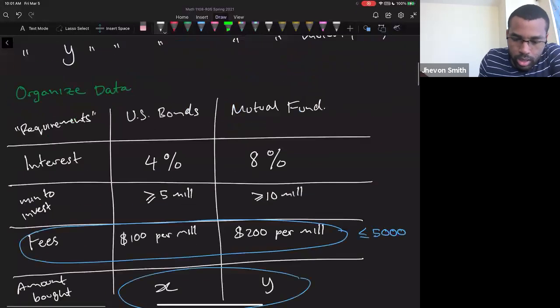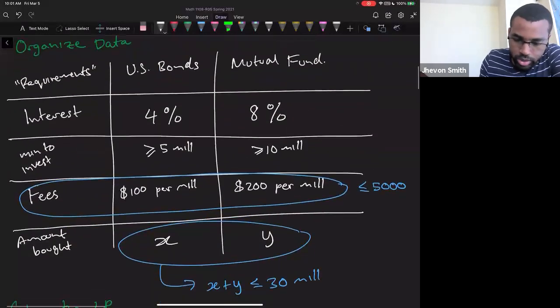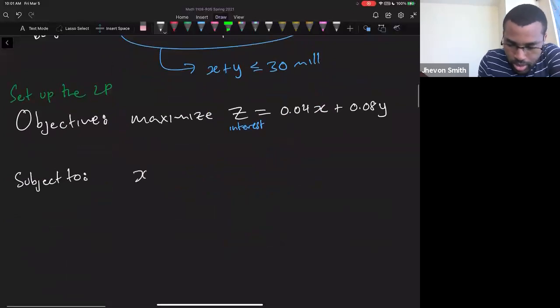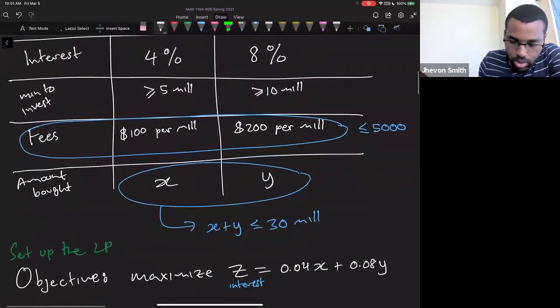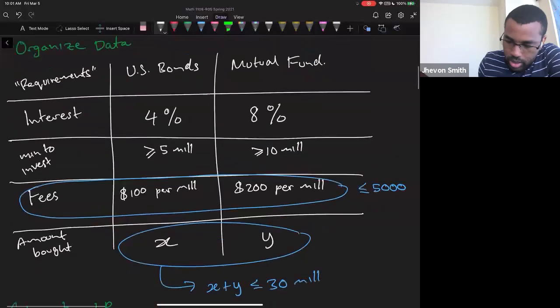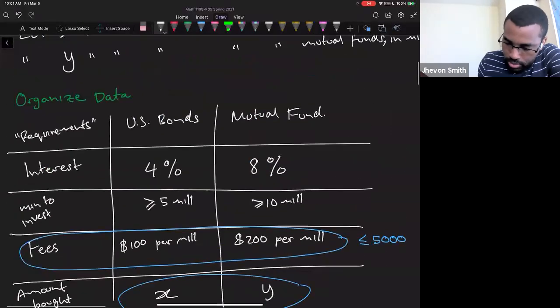let's do our restrictions here. We know that x plus y should be less than or equal to 30 mil. We also know that for each million, I'm paying $100 for x and $200 for y, and I want that to be less than or equal to $5,000.